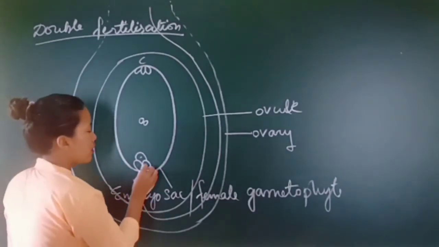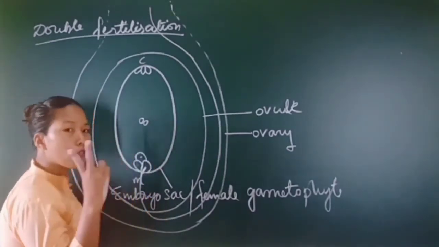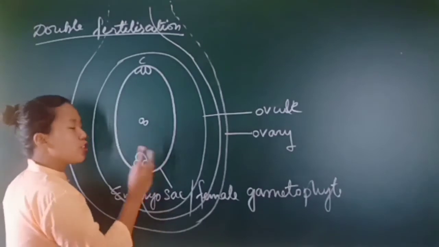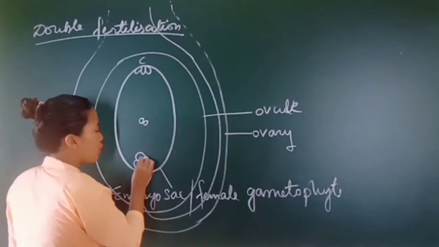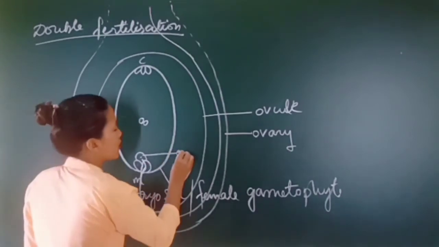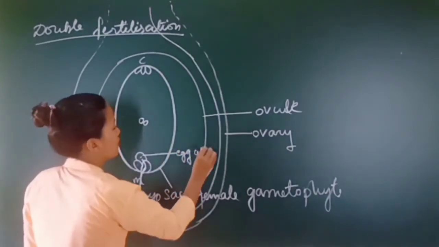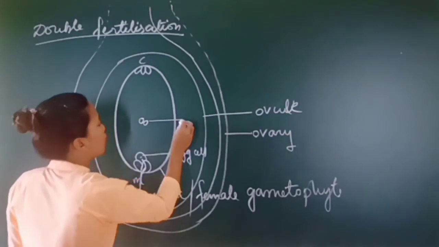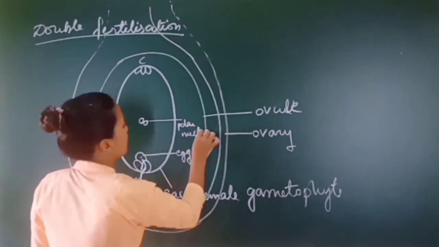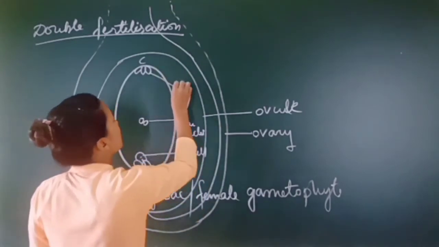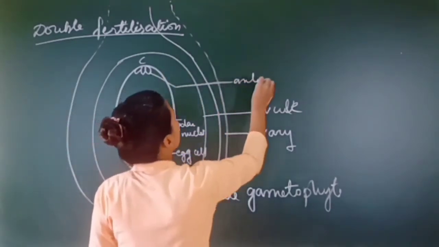From here it is carrying two male gametes. This is the egg cell, these are the polar nuclei, and these are the antipodals.